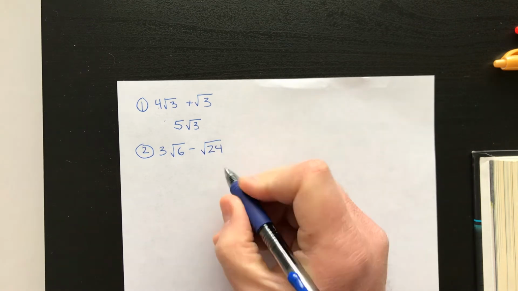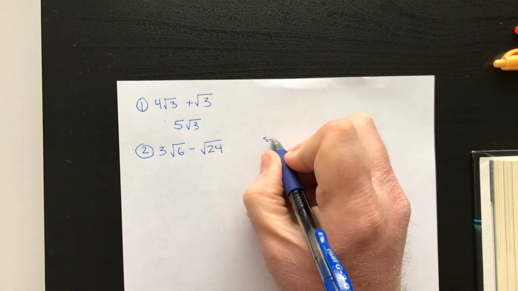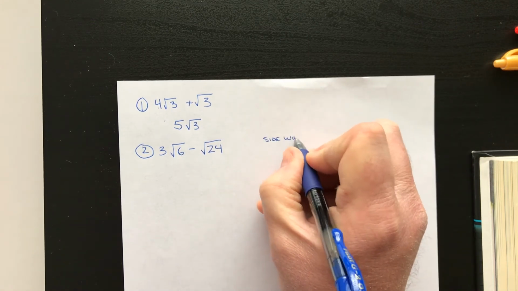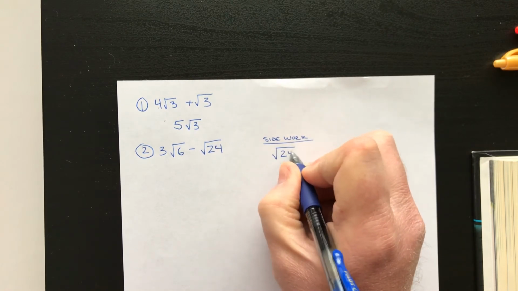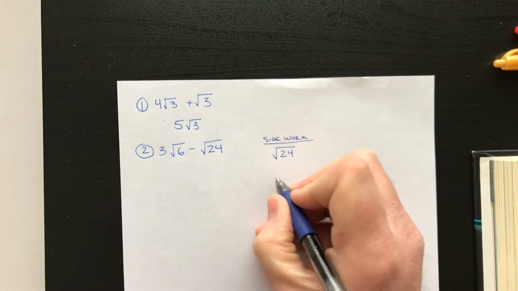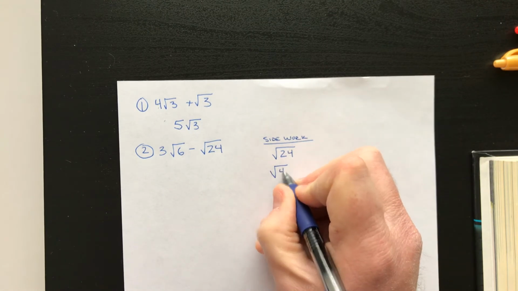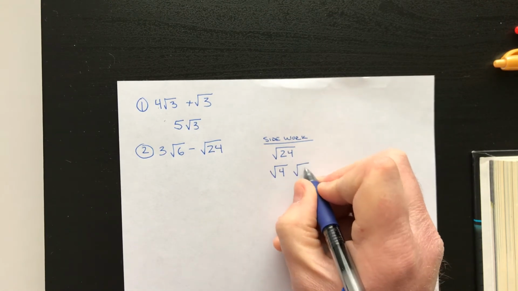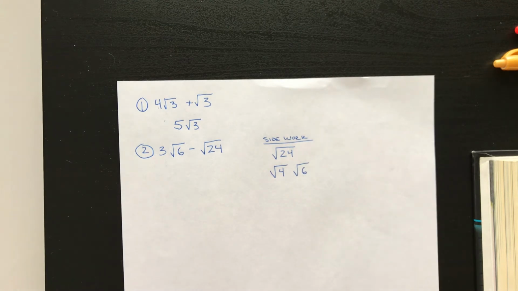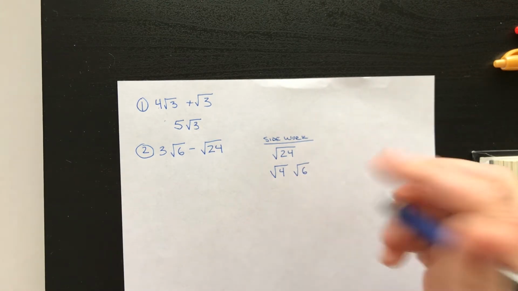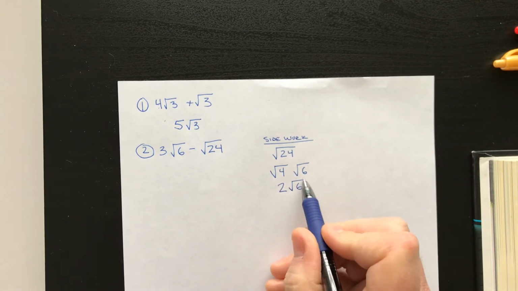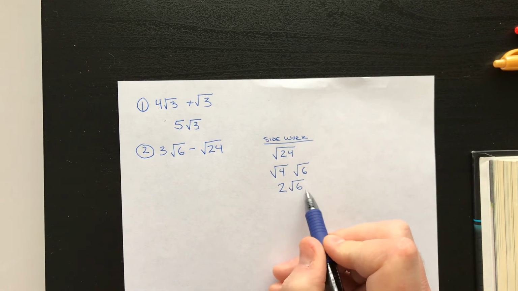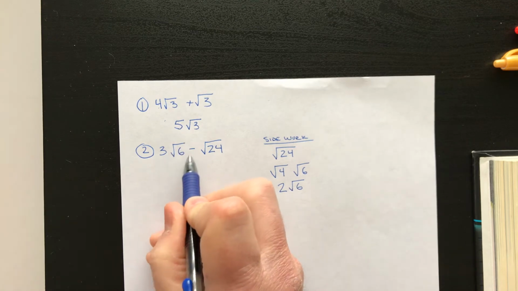So if I do a little side work and simplify the square root of 24, the square root of 24 can be written as the square root of 4 times the square root of 6. And what is the square root of 4? 2.